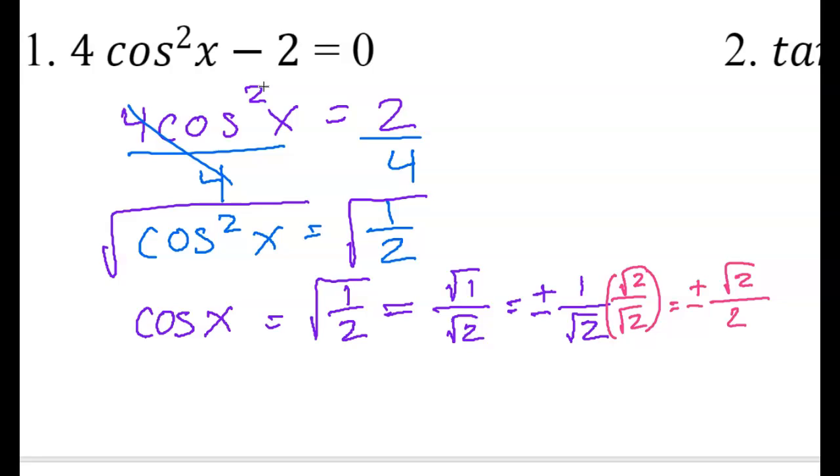Now, can you find that on your unit circle? Oh, for sure. One of the most used values on your unit circle. So tell me, where in the unit circle do I have an x value that is either positive square root of 2 over 2 or negative square root of 2 over 2? What angles have that x value?